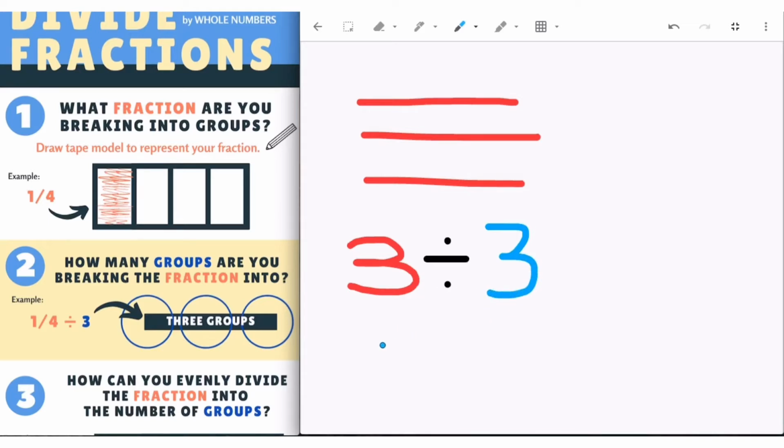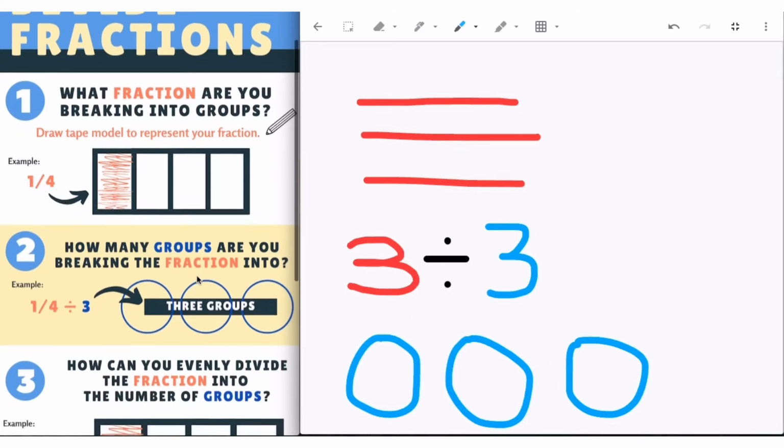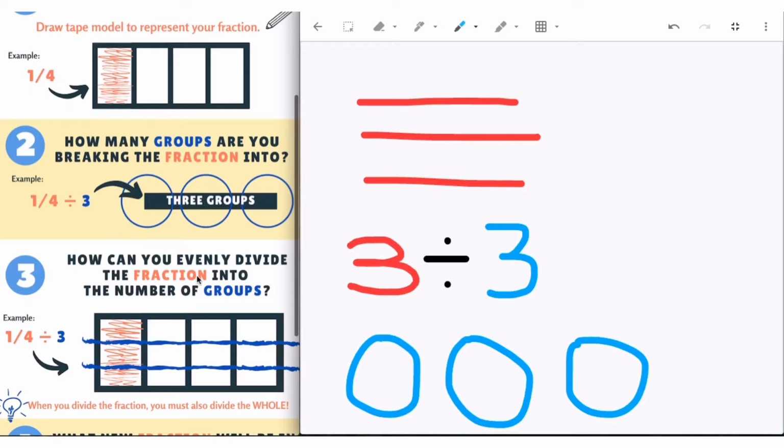I'm also going to draw these groups just to give me a better idea of how many groups I have. These represent the 3 friends or the 3 groups that I'm making. Now the anchor chart says, how can you evenly divide the fraction or this number into the number of groups? In this case, I have 1, 2, 3 feet, and to evenly distribute into the groups, all I need to do is put 1 in each group.